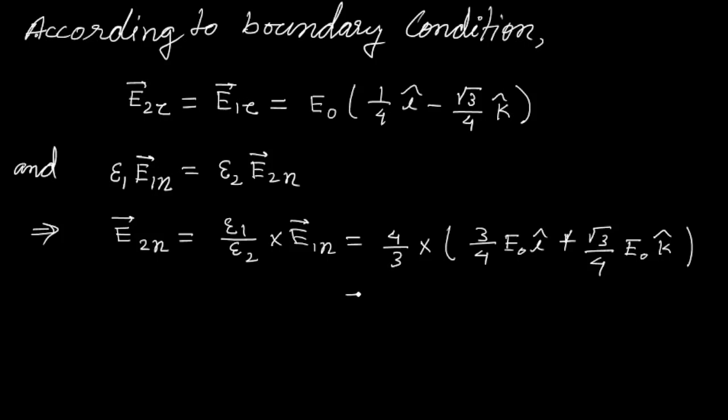So if we simplify this, the 3 and 4 cancel out, so we can take E naught outside. So E naught into I cap, plus the 4 will cancel out, so 1 by root 3 into K cap. So this will be the normal component of electric field in medium 2.